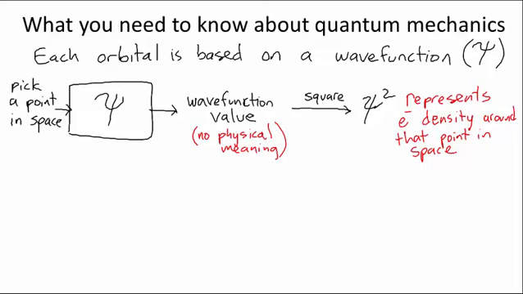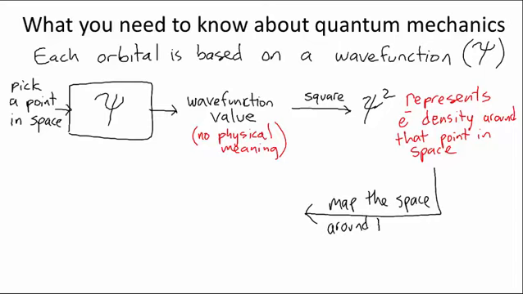So when we actually map all the points in space around the nucleus, what we get is a picture that represents where electron density is high.